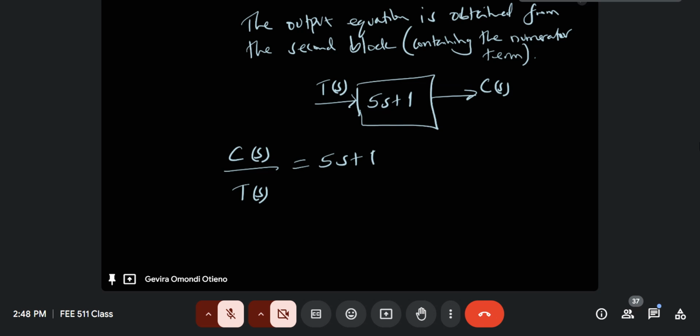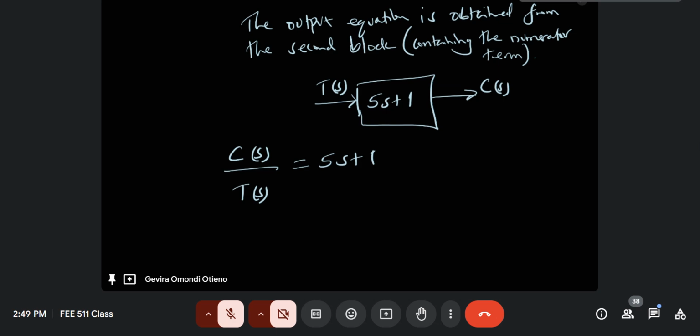The beauty with this is it's easier. Our choice of state variables for this part of the equation is based on the state variables that we already picked when we were dealing with the first block, such that you don't get one set of state variables for the first block and another set for the second block.